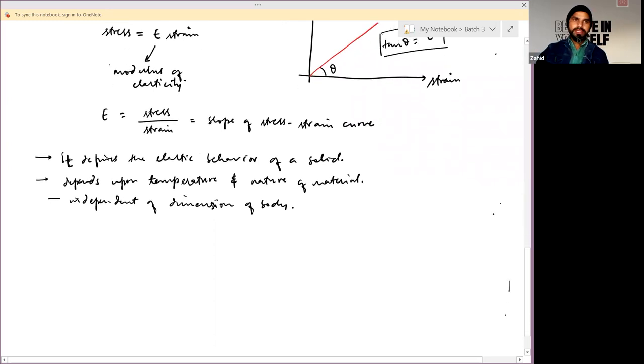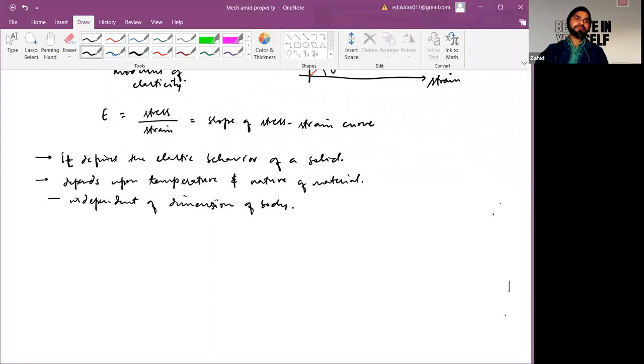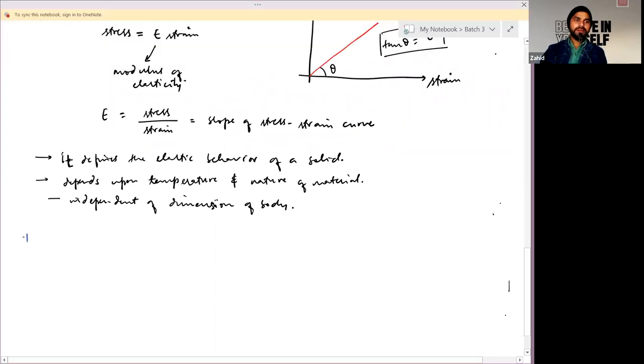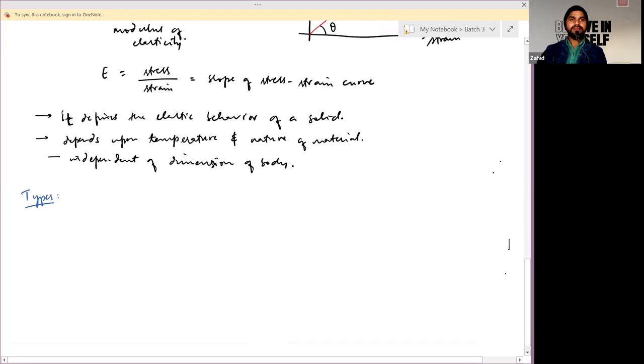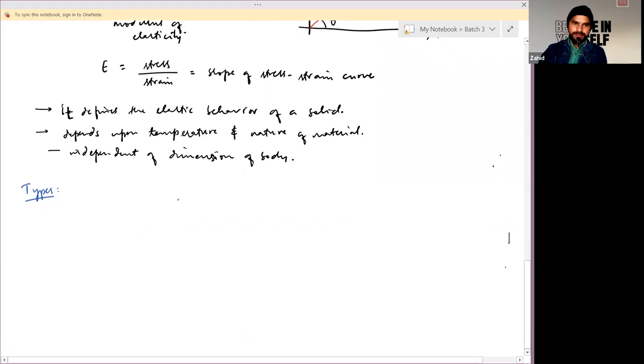Now, depending upon these three terms, we may define its type. First, suppose you have a solid.